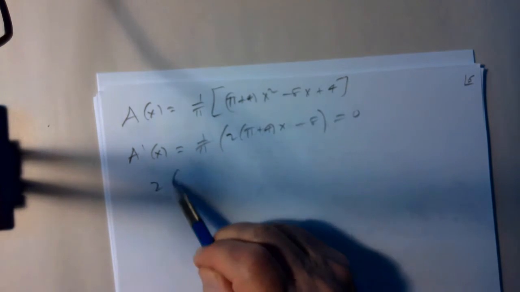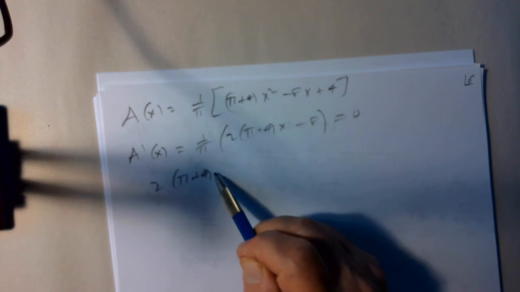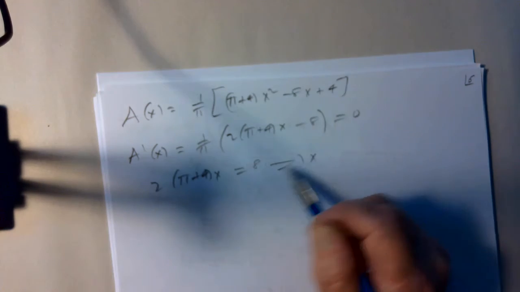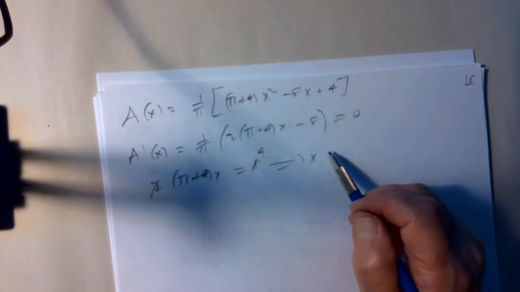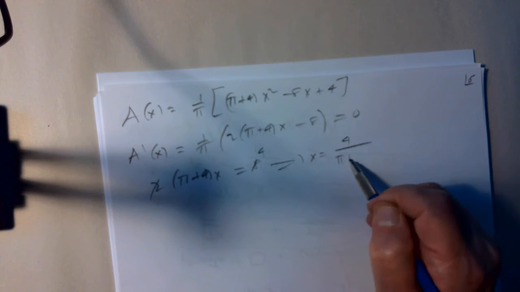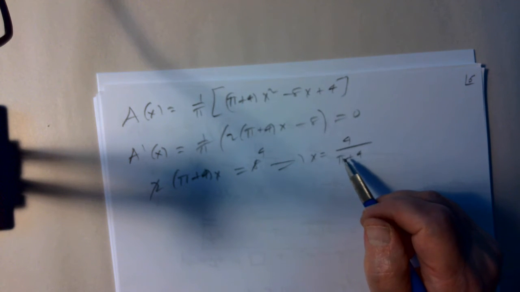And we want that to be equal to 0. So 2 times pi plus 4 times x equals 8. So x, and 2 into 8 goes 4. So x is 4 over pi plus 4.